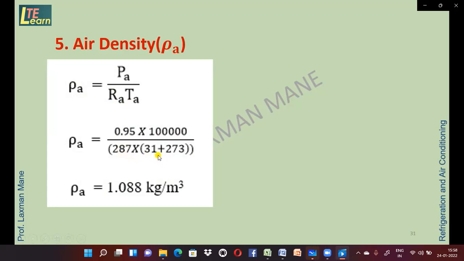This is the temperature of air, with conversion into Kelvin. So by the calculation we find the value of rho A in kg per meter cube, that is the air density.